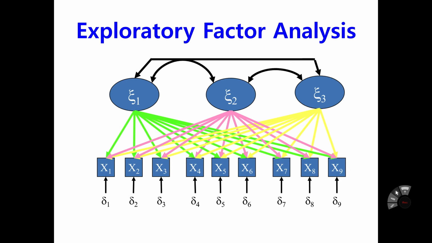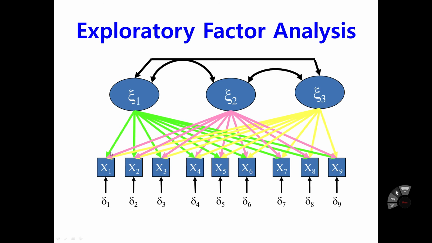This is the picture representing the nature of exploratory factor analysis. In the first stage, we are given observed indicators. In this example, we have 9 observed indicators. Those indicators, also called observed variables, are measured basically based on questionnaires.